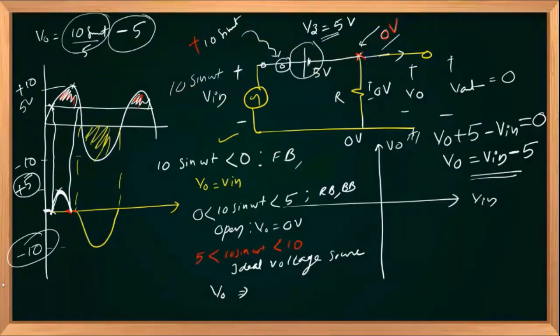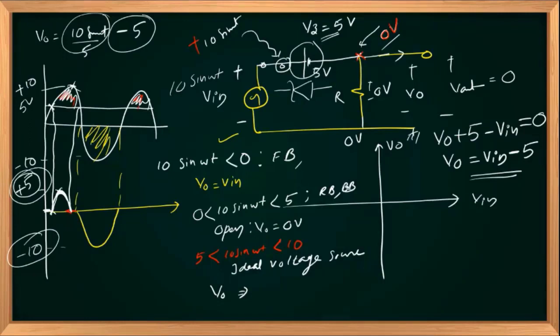Here in this example, the Zener diode breaks down. You have to subtract 5 volts from the input signal because the diode was connected like this. So the positive maximum for the input is 10; subtracting 5, 10 minus 5, the positive maximum will be 5. So the circuit will produce a maximum value of plus 5 and a minimum value of minus 10 at the output.